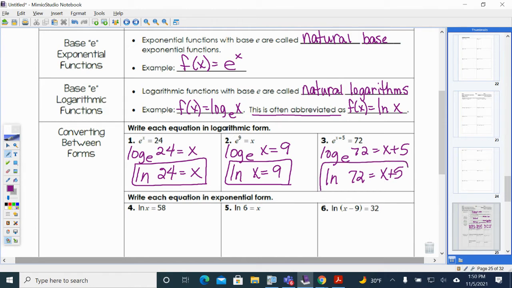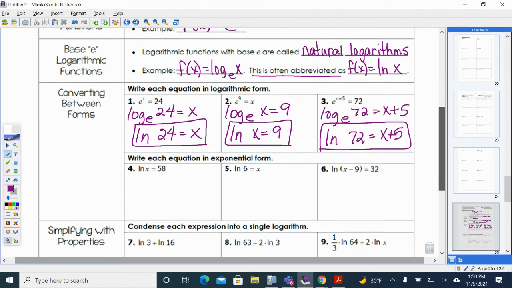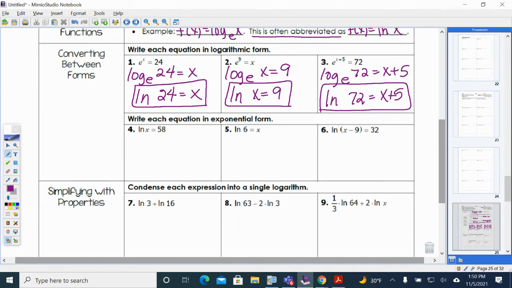The next section is going to ask you to change from natural log to exponential. So when we look at number 4 and we see the ln, that means that the base is e. The base is e. So e to the 58th power is equal to x.